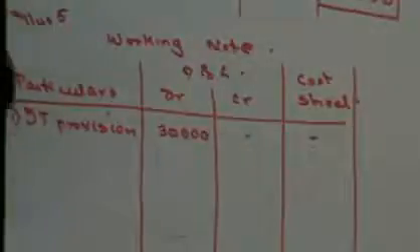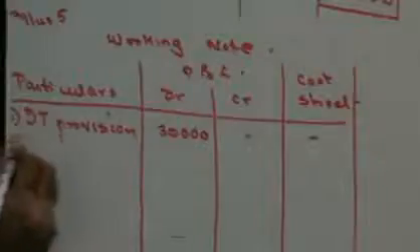Income tax provision made. Income tax, we know, comes in the P&L account on the debit side. So this is going to be 30,000 over here. Then you have material purchase. 5,000 units were recorded in cost at a standard cost of 24.